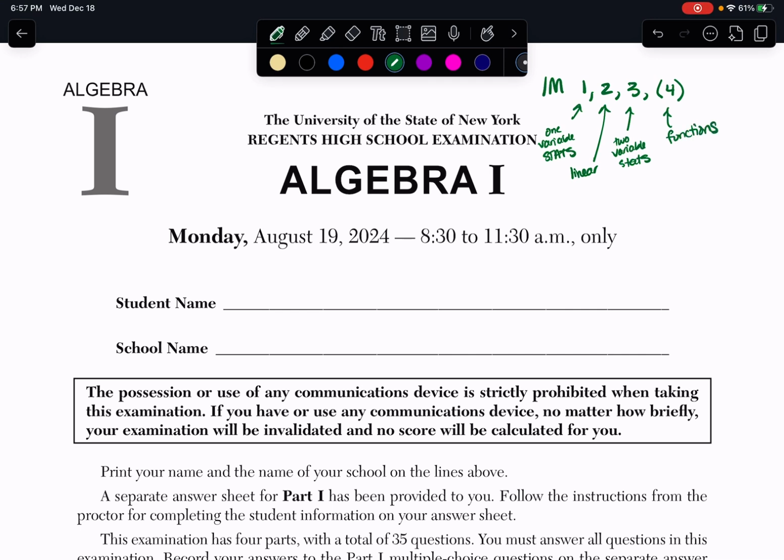So for questions that fall in those units, I will do them using the information we know. But for questions that fall outside of them, I'm going to show you how you can approach those questions using just the information that you already know to make an educated guess or to even figure out the final answer.